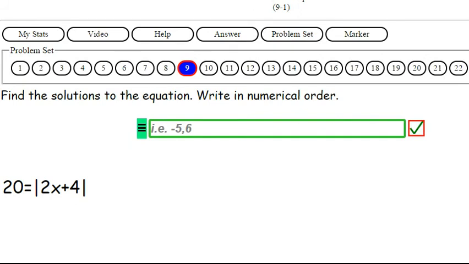20 is equal to the absolute value of 2x plus 4. You should be able to go, man, I know how to do this. This is easy. Let's move over to the whiteboard. So we have 20 is equal to the absolute value of 2x plus 4.